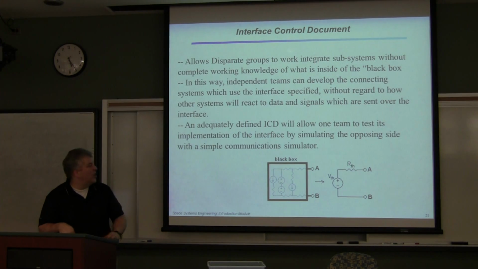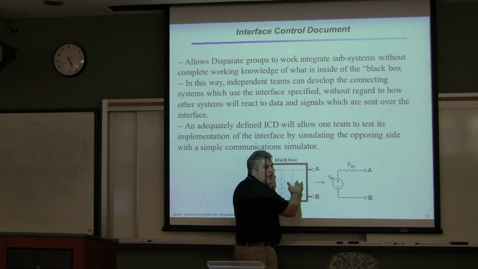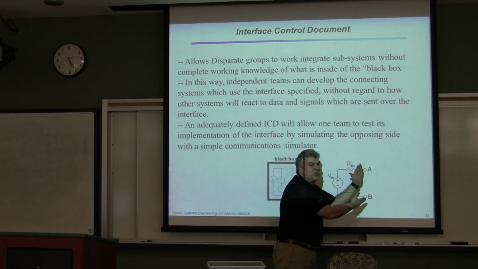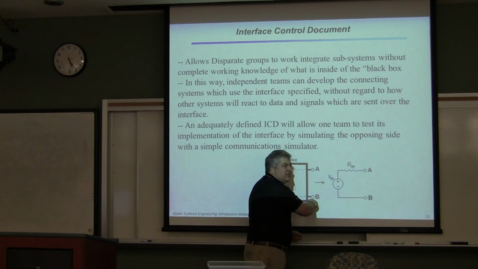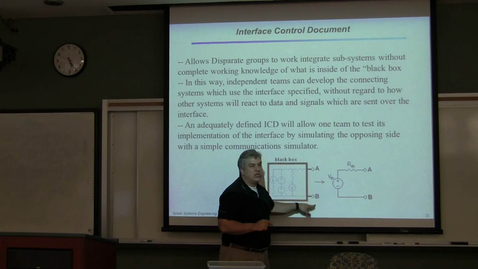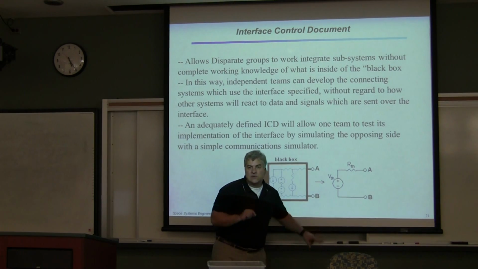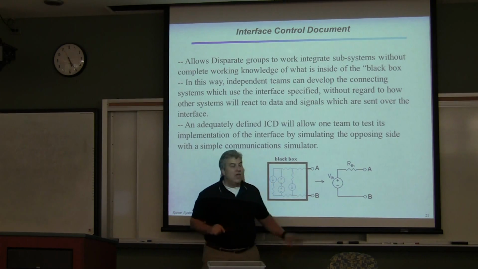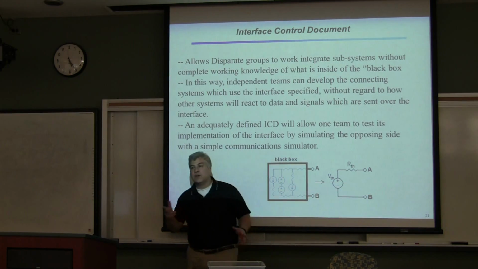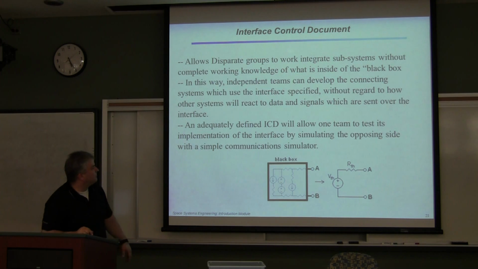But it is important to know that if I have this device right here that I'm designing, and somebody is designing something to hook up into that, they really want to know what this is. So you design the interface document and you don't change it, because they're designing to what you say it's going to do. And that's the important aspect. Oh, by the way, if you do change it, you have to get the other person's or the other part's permission to make the change, because they have to design to it as well.